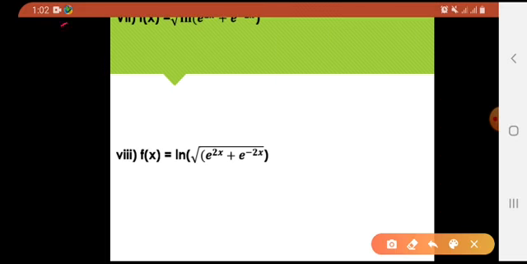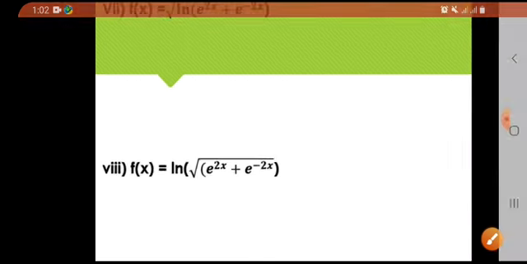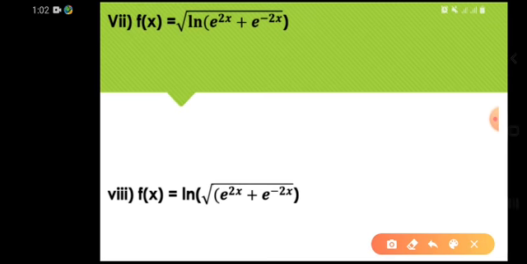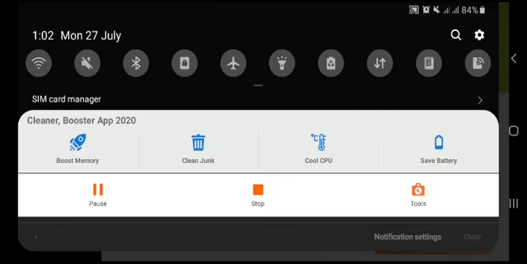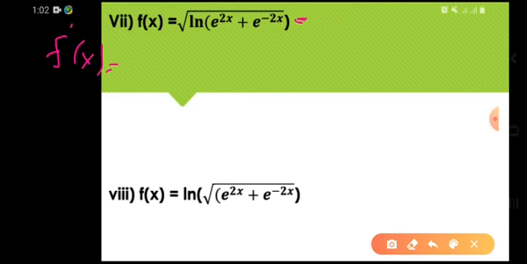Very important question number 1, this is the 7th part. I'll be explaining it here in detail. Okay, I have to find f dash of x. So f dash of x equals, look at the exponent. What is the whole power here?